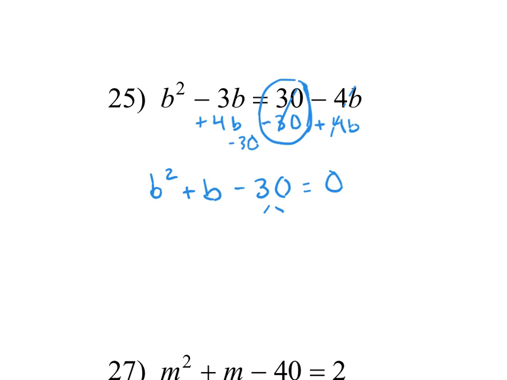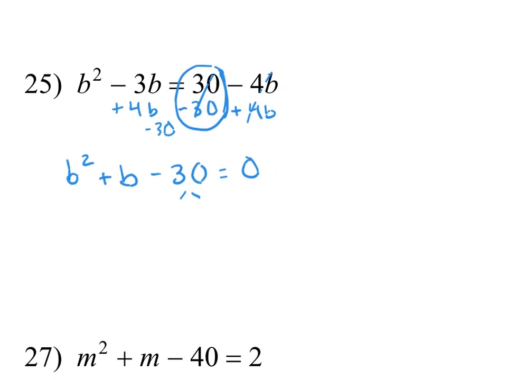So what are my 2 factors of negative 30 that add to 1? 30 and 1. That's not going to add to 1.